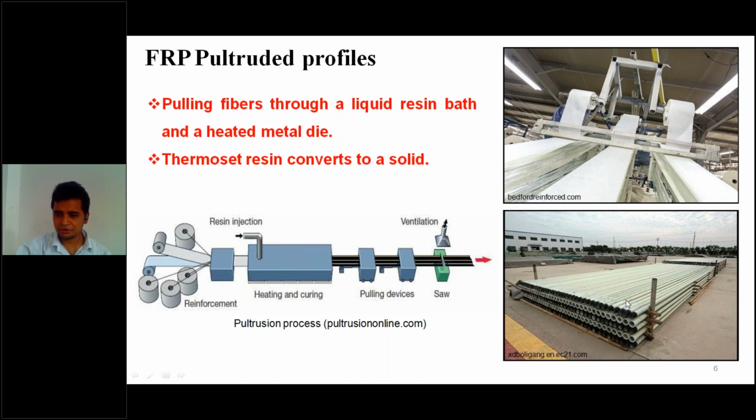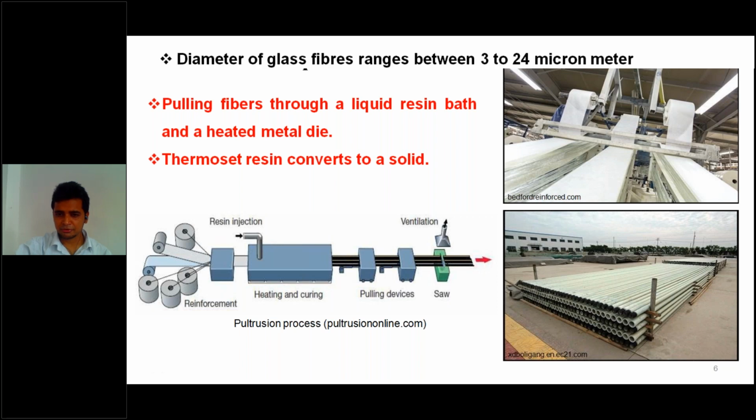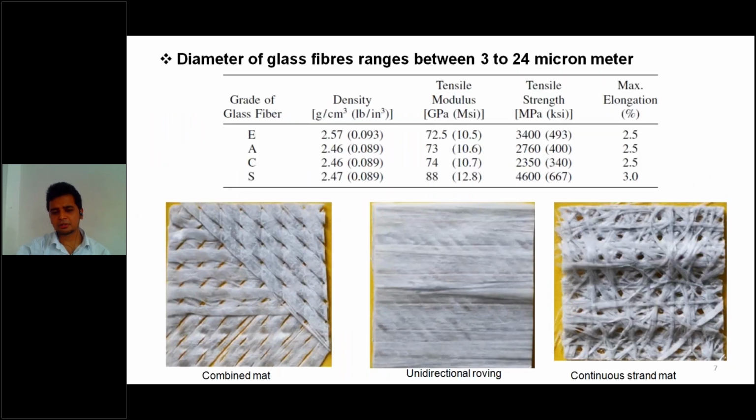In this figure, you can see the FRP pultruded profiles. Various types of architectures are mainly used for production of these profiles. These are mainly combined mat, then unidirectional roving, then continuous strand mat.